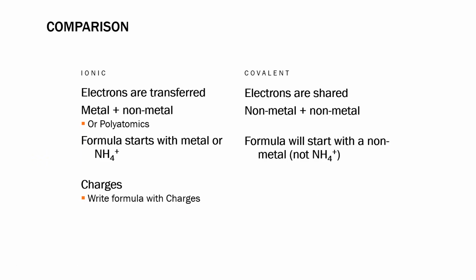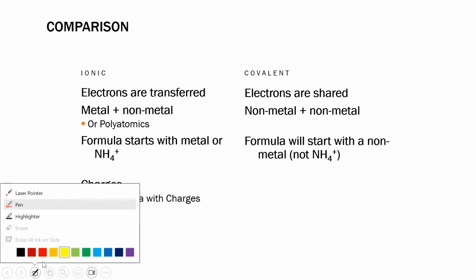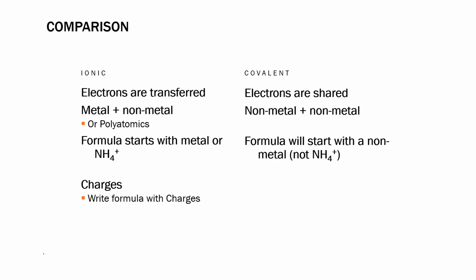What do I mean? Let's go down here. So if I wanted to write the formula for, let's say, barium chloride, which I showed you on the previous slide, barium chloride, that's not enough. Since it's ionic, it'd be barium plus 2, need to have a charge, chlorine minus 1. The ions need to have charges on them if you're writing the formula for an ionic compound.